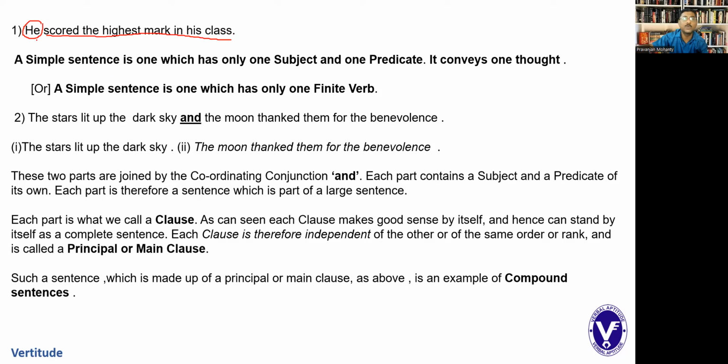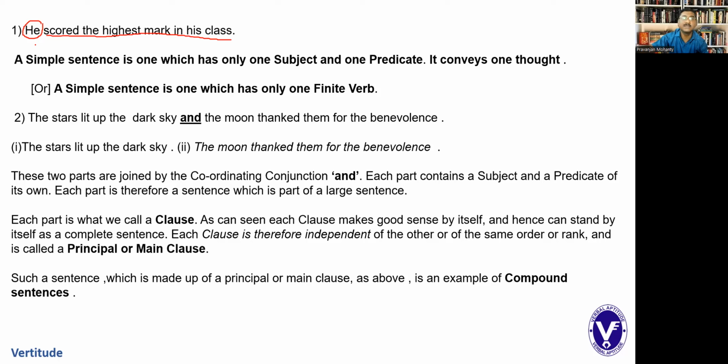There is no other sentence. If it said, he scored the highest mark in his class compared to what he had done last year, then what he had done last year becomes an additional thought. But here, just saying he scored that, or say I go to school every day, that's a simple sentence. I ate.